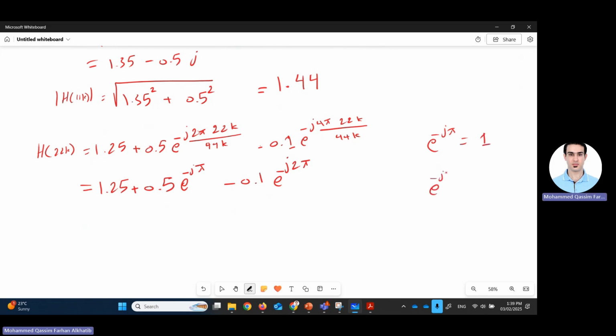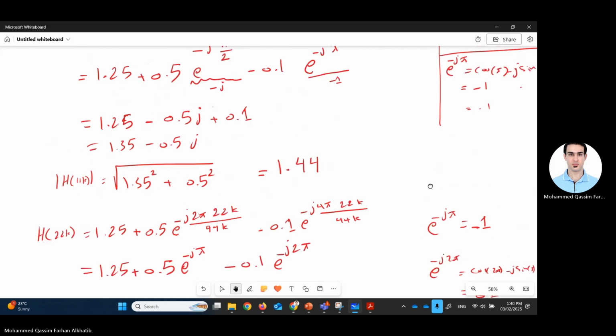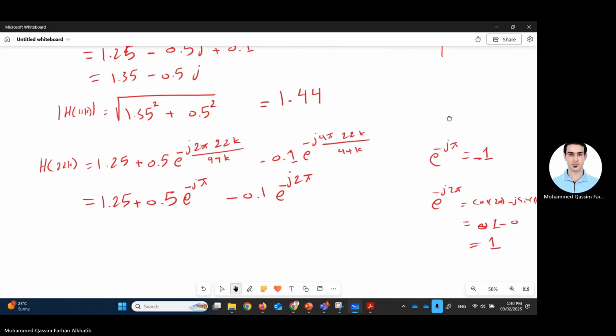Now e to the power minus j 2 pi equals cosine of 2 pi minus j sine of 2 pi, so cosine of 2 pi is 1, minus 0, that's 1.